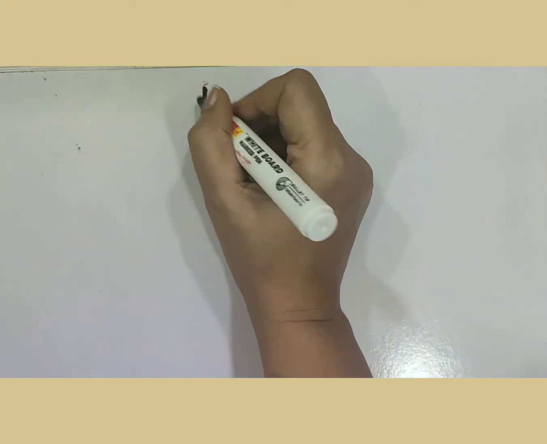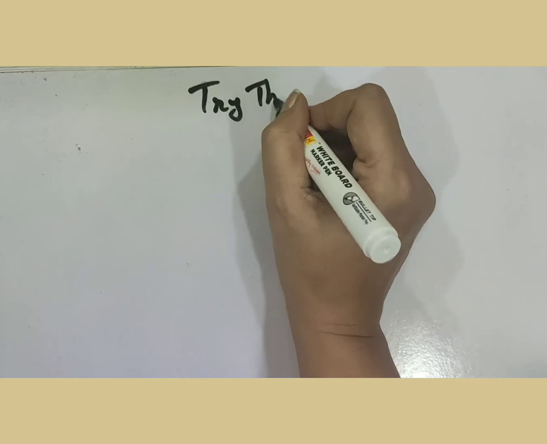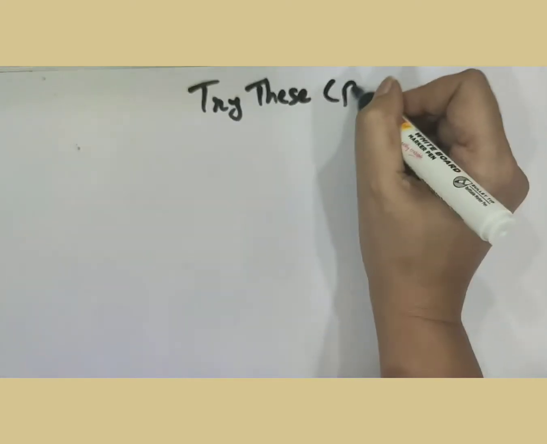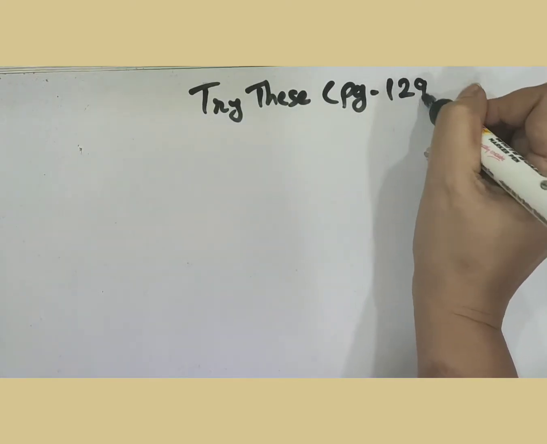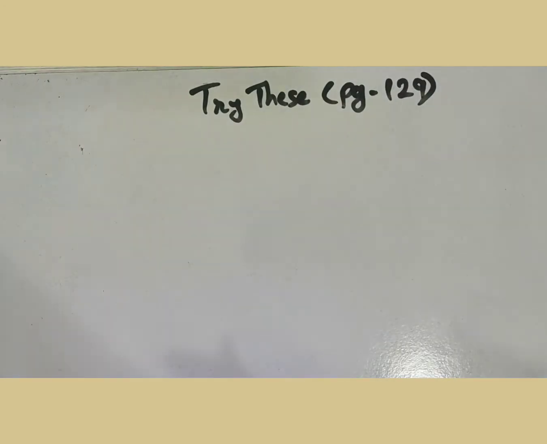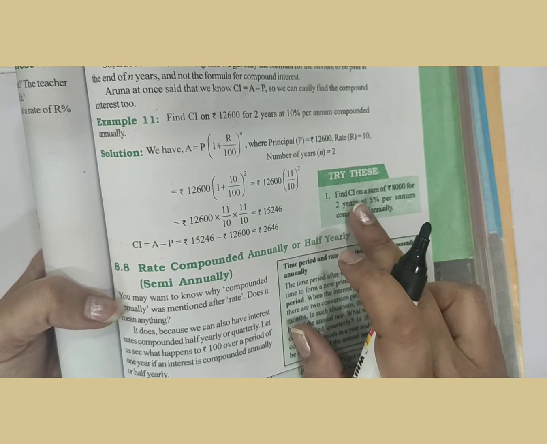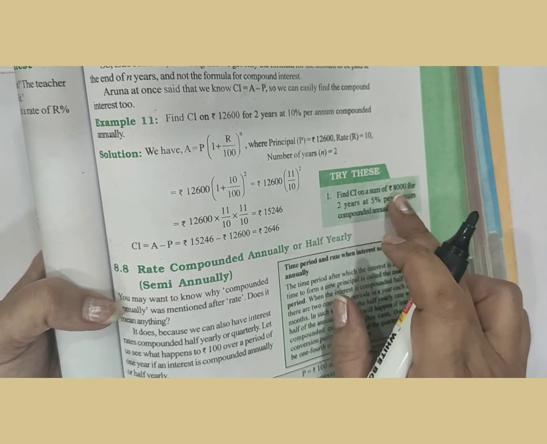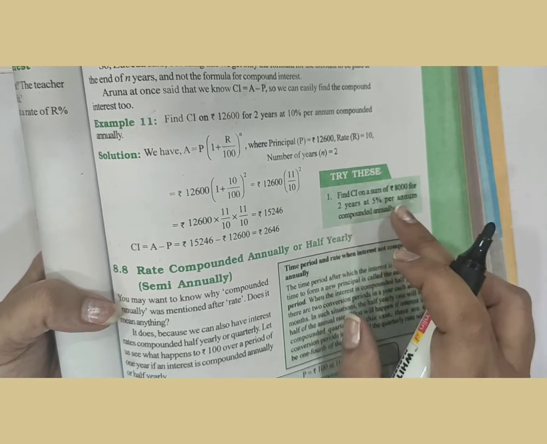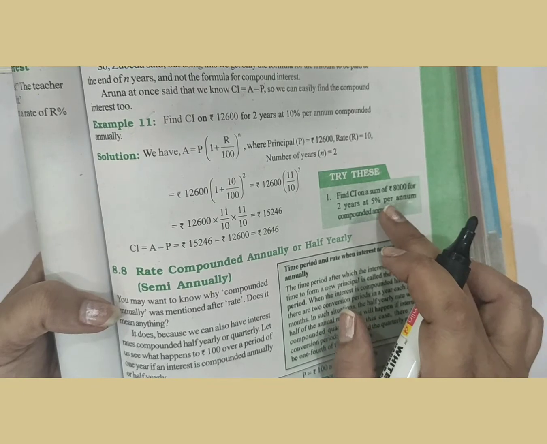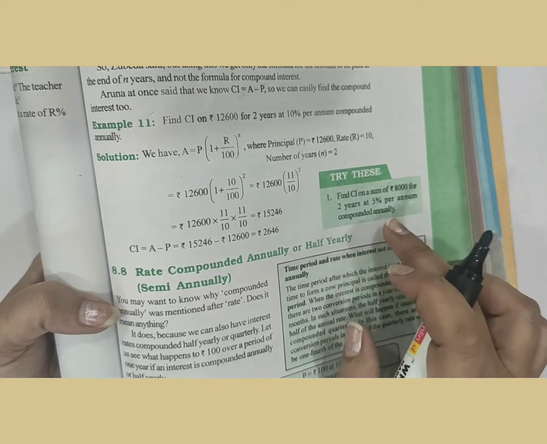Let us solve. Try this exercise on page number 129. Our question is, find compound interest on a sum of rupees 8,000 for 2 years at 5% per annum compounded annually.